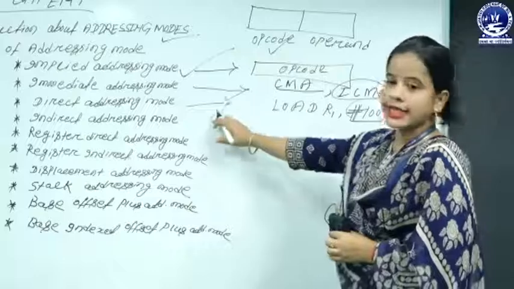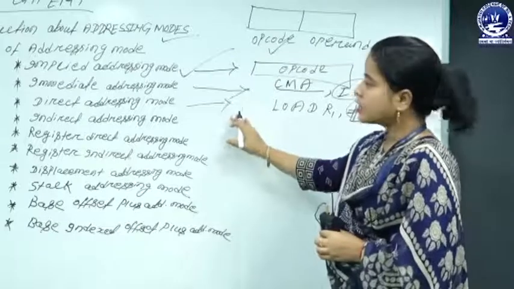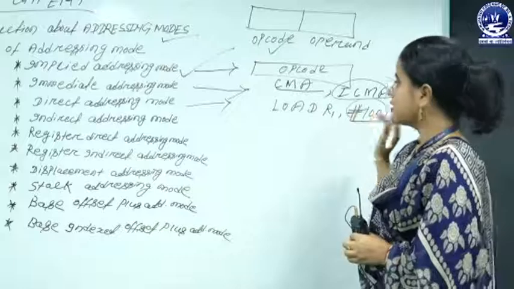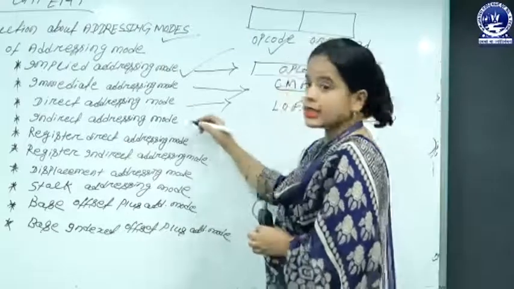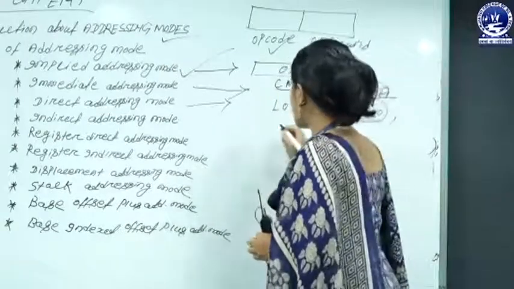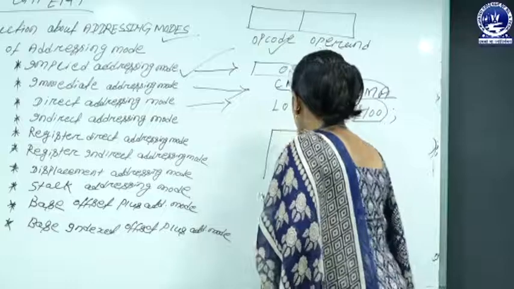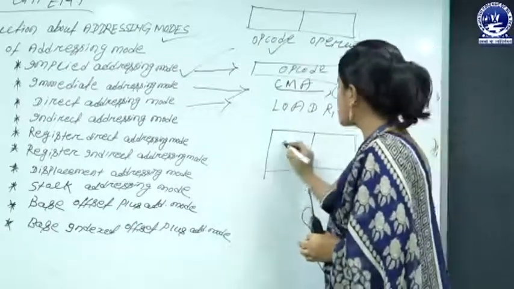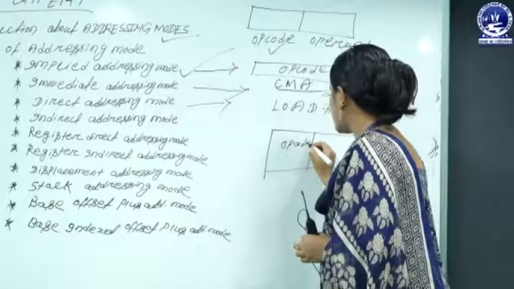In the case of direct addressing mode, the operand address is indicated directly. For example, an instruction contains two fields: one is the opcode and another one is the operand.